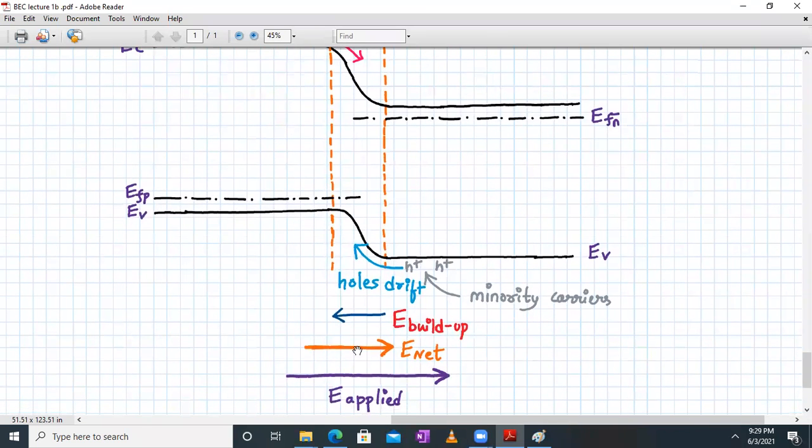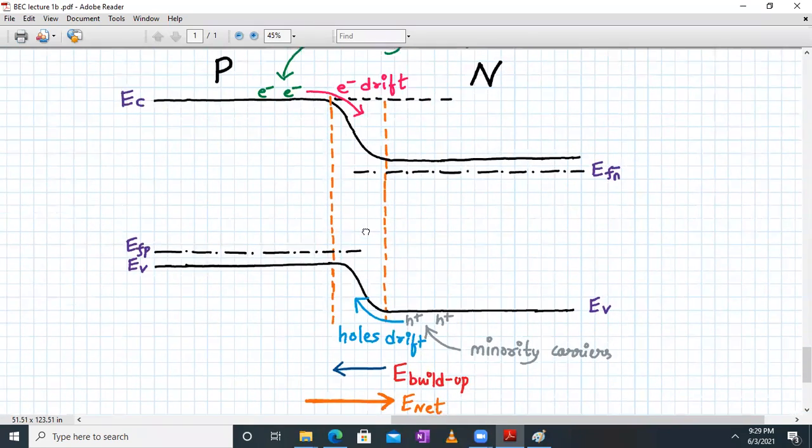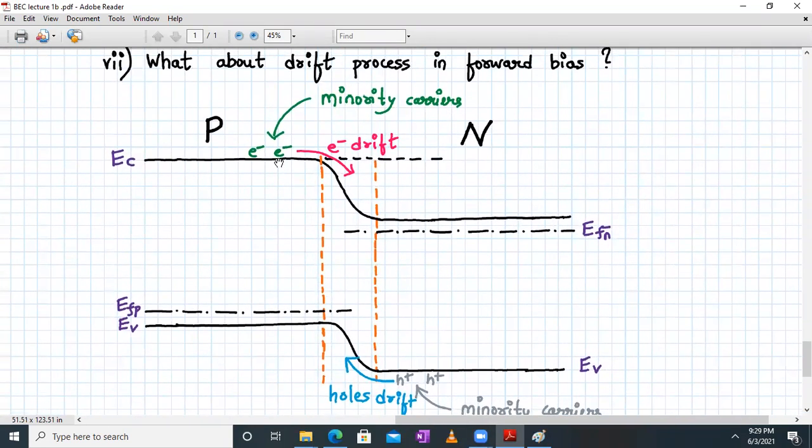So here is the net electric field. The built-in electric field is internal, directed from right to left. The applied electric field is directed from left to right, and the net electric field will also be directed from left to right. Under the influence of this net electric field, the electrons will be swept away and cross towards the N region.